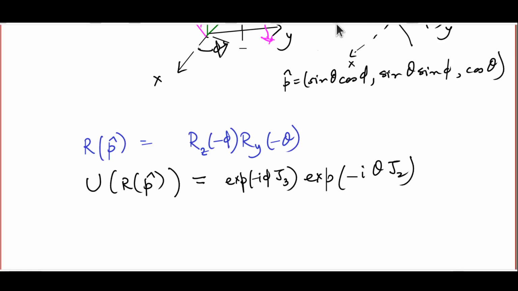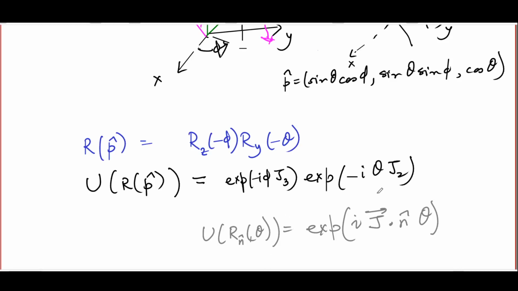Let me quickly remind you that when we worked out the theory of Poincare transformations, we had seen that U(R(n hat, theta)) was actually exponential of i J vector dot n hat times theta.